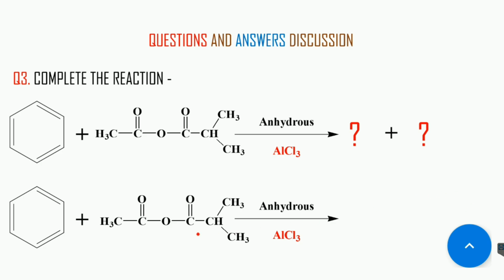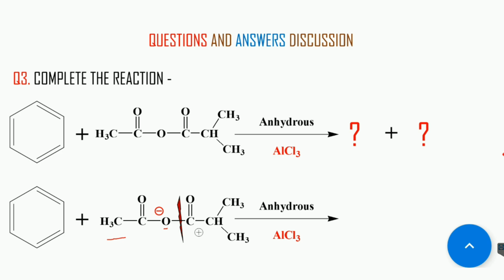This oxygen, this one, is your central atom, and there are again two possibilities for fission. The first one is this position, that part will be the electrophile, and the remaining part, this will be our nucleophile. Okay, now comes the second possibility. So the position is here. So this part will be our electrophile, and the remaining part, this one, will be our nucleophile.